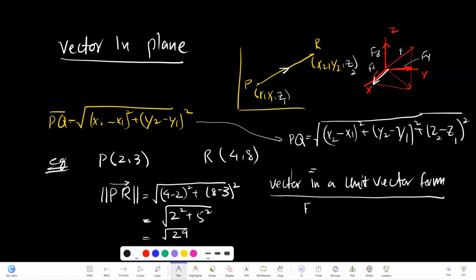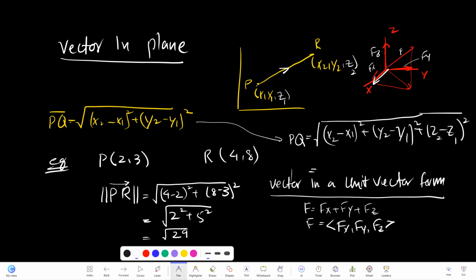So I have an f vector, then fx plus fy plus fz. I can also write this f vector in parenthesis vector form: fx, fy, fz.